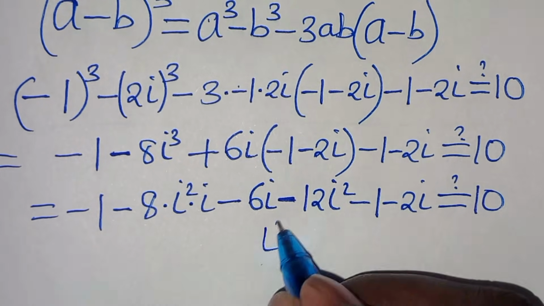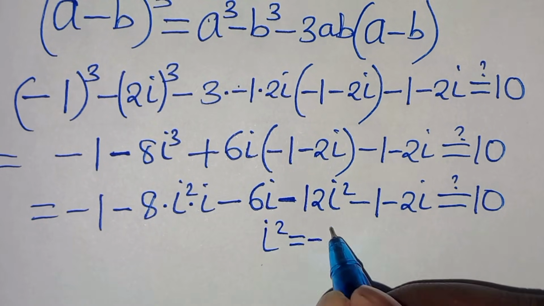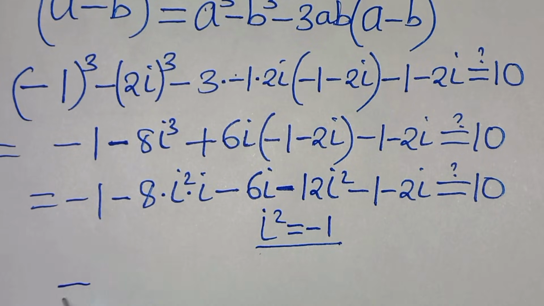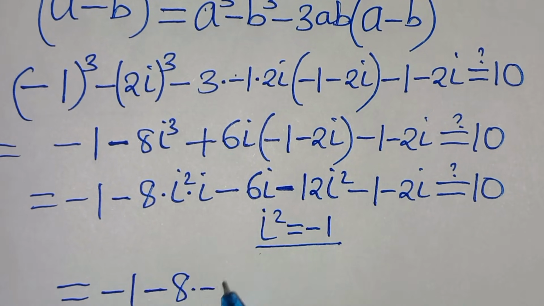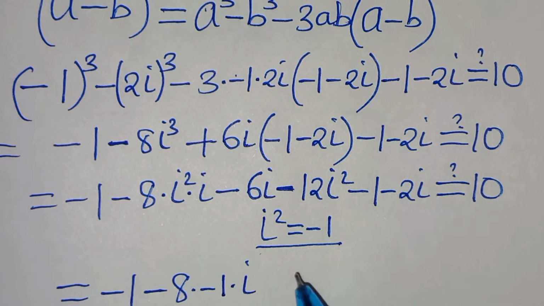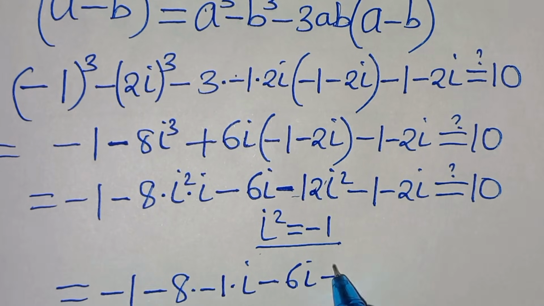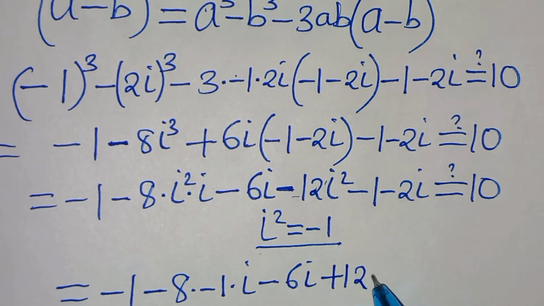So we have that i squared is equal to -1. So substituting this implies we have -1, then minus 8 times -1 times i, then -6i. Here we have -12 times -1, this becomes plus 12. Then subtract 1 minus 2i.